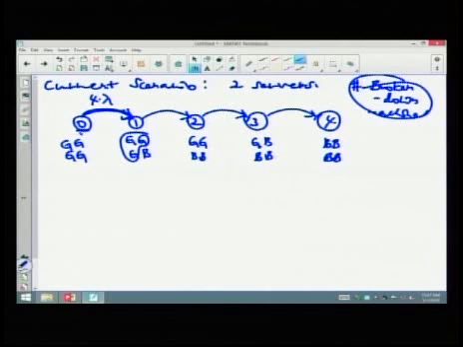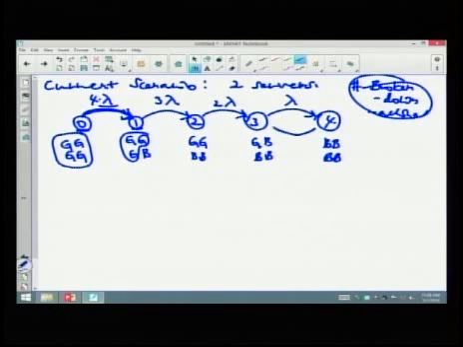Because each of the 4 good machines has the same failure rate of lambda, so you need to multiply by 4. Here we have 3 good machines in state number 1, so you have 3 times lambda as the failure rate. 2 times lambda and then lambda. Is that right?